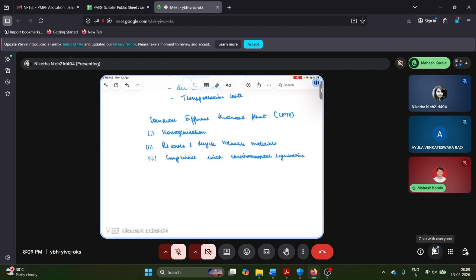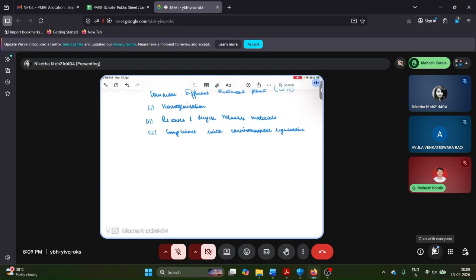Environmental regulations, like in India, we have CPCB, and outside India, we have the US EPA. So treatment in a CETP has the following processes. First one is the preliminary treatment.